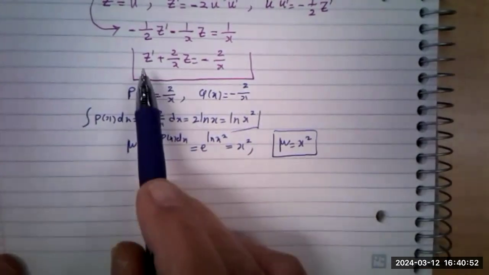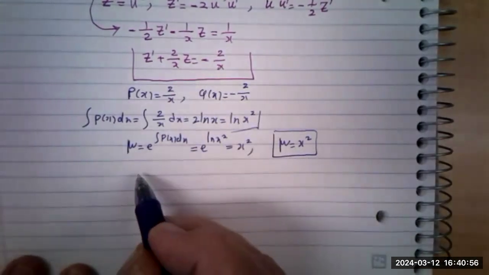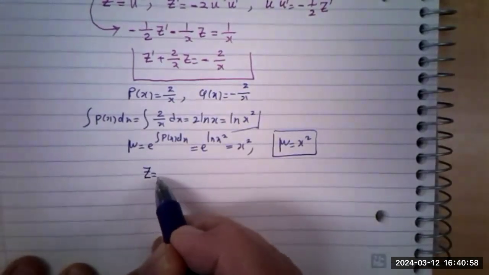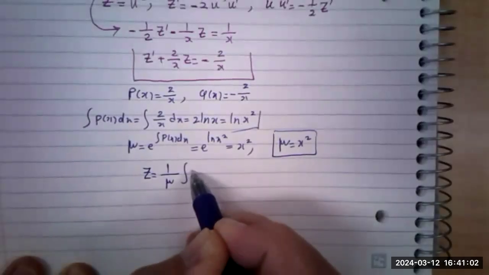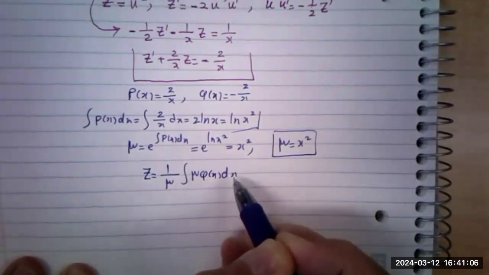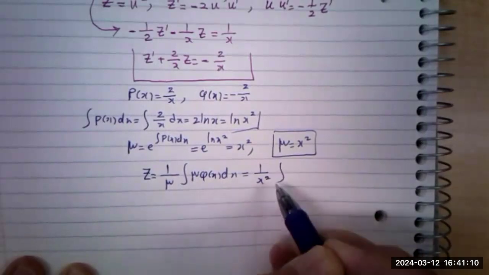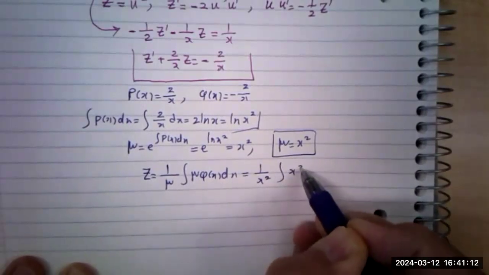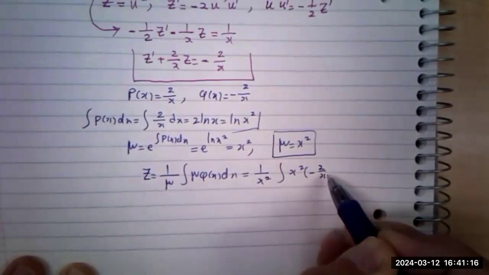So this time the variable is z here. So z is equal to the solution of the linear equation: 1 over mu times the integral of mu times q of x dx. That gives us 1 over x squared times the integral of x squared times negative 2 over x dx.